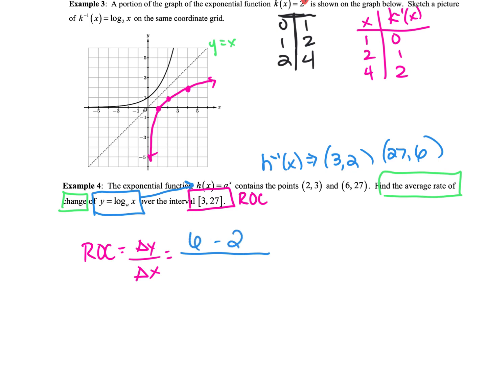And what are the x values? 27 and 3. Okay, and then we just simplify. So it's going to give me 4 over 24, which would reduce to 1/6. Okay, so questions about that inverse relationship. It all hinges on switching x and y.